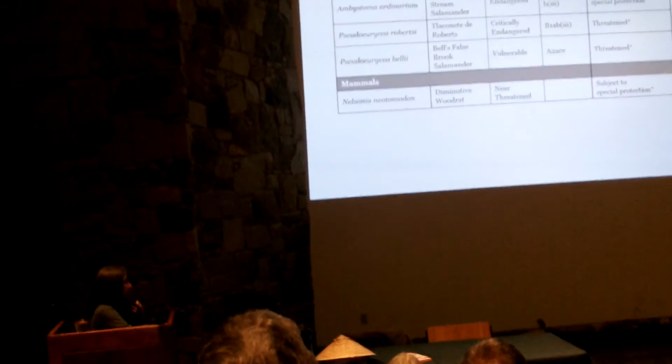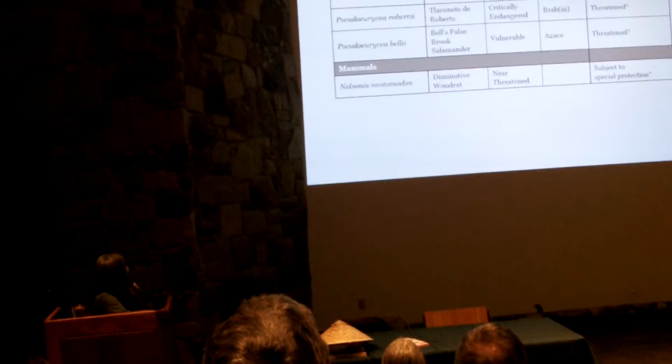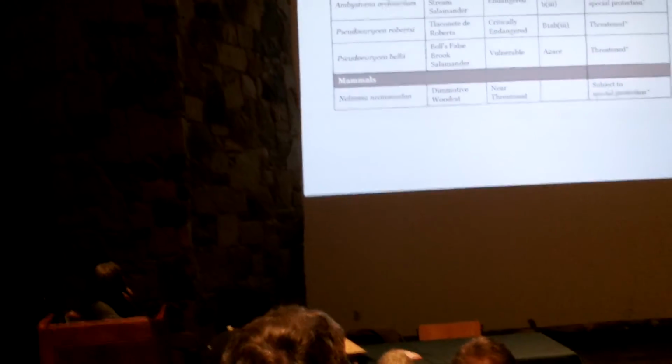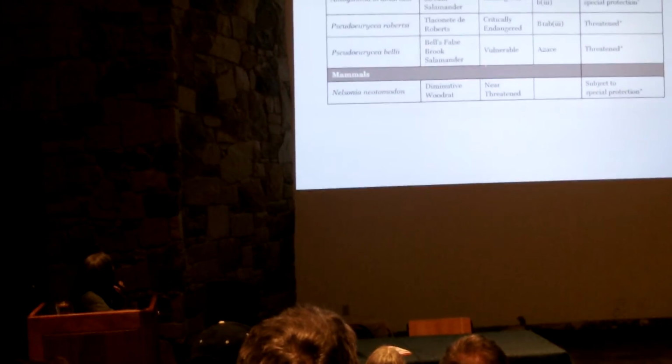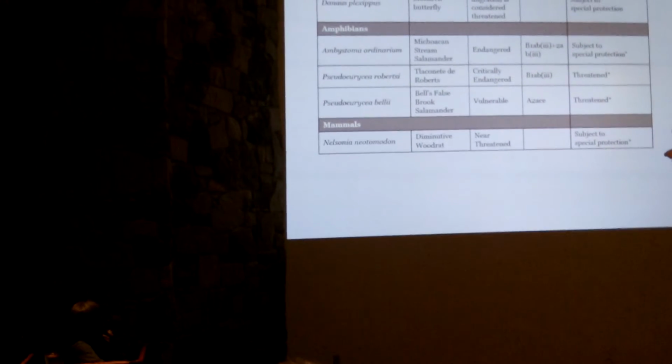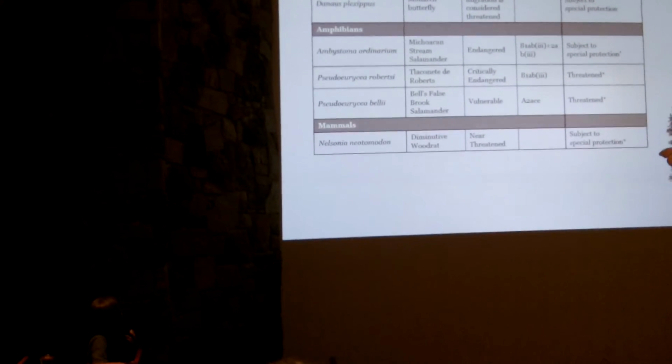Besides the monarch butterfly, there are other endangered species in the area. This is a list from IUCN. There are 3 amphibians that are considered endangered, critically endangered, and vulnerable. This small wood rat, which is quite cute, is near threatened.